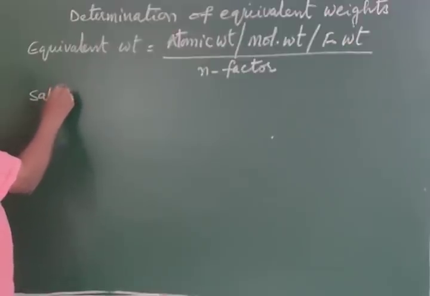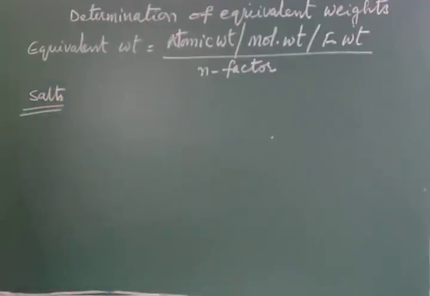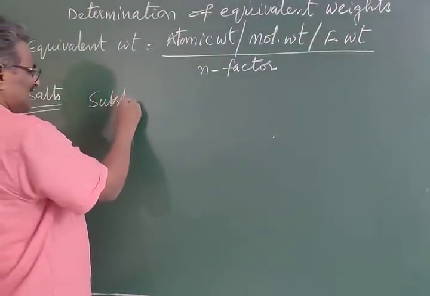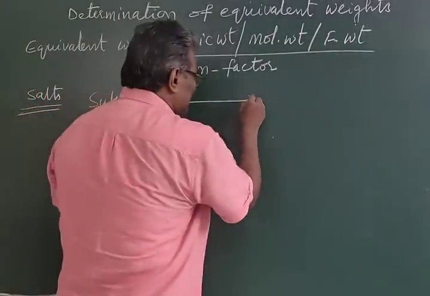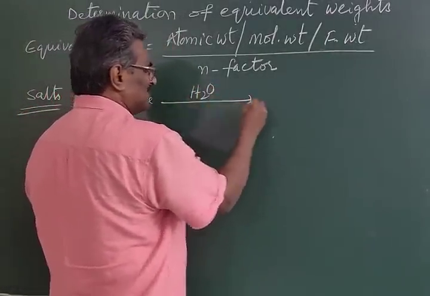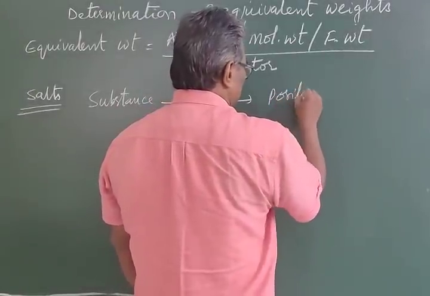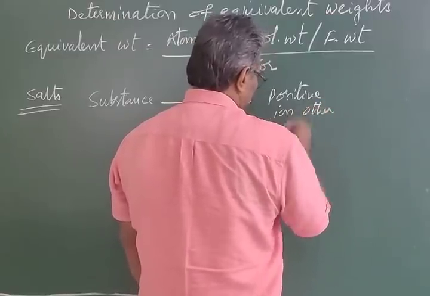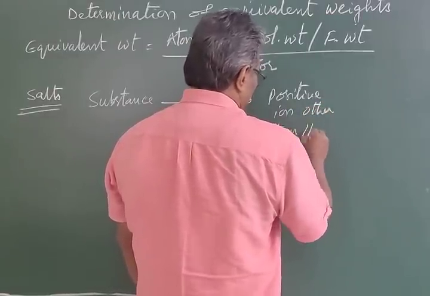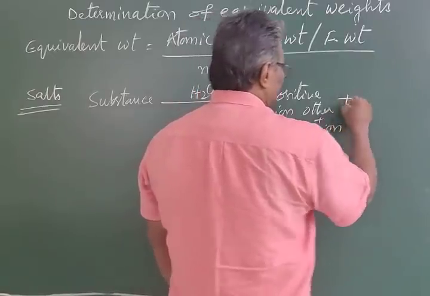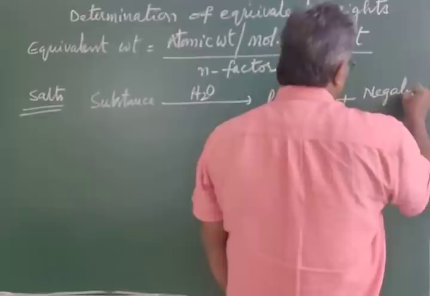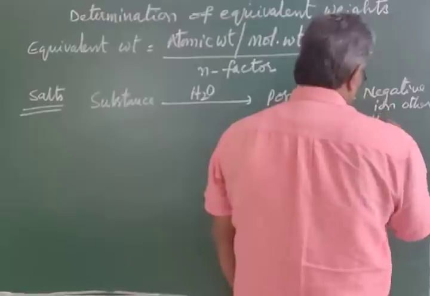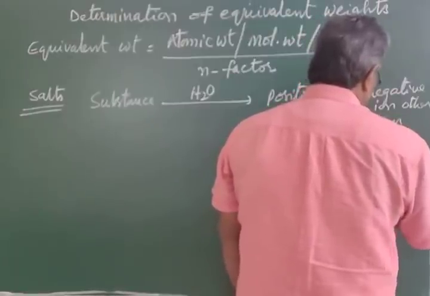What are salts? Salts are the substances which, when dissolved in water, give a positive ion other than H plus ion and a negative ion other than OH minus ion.